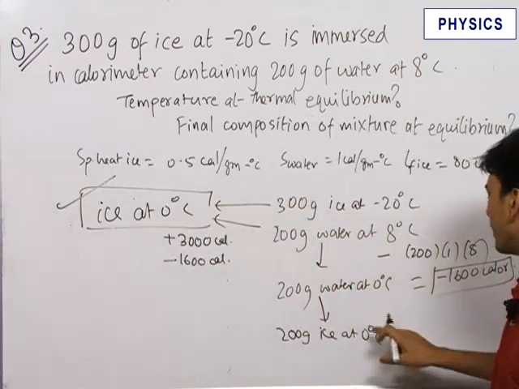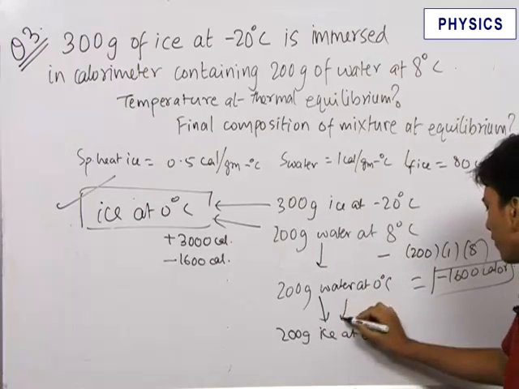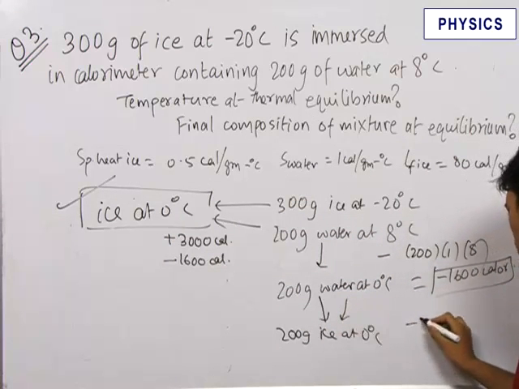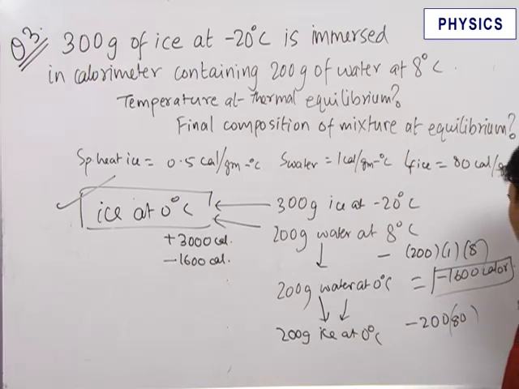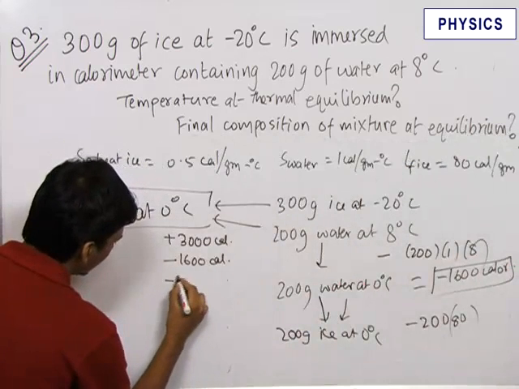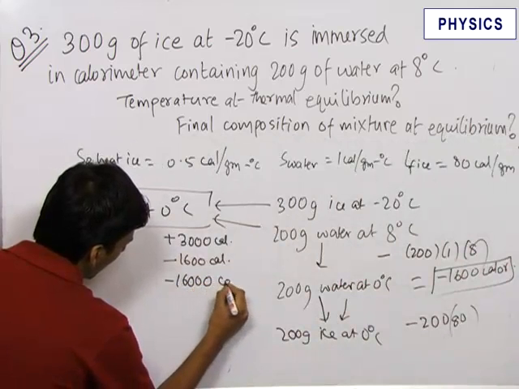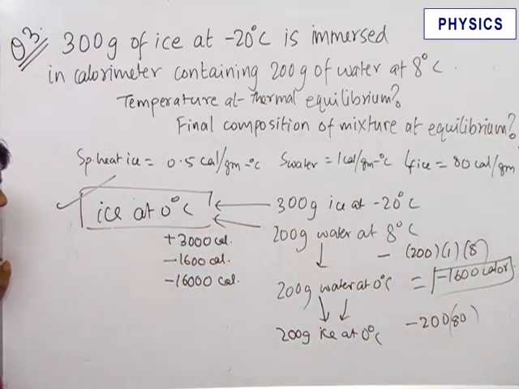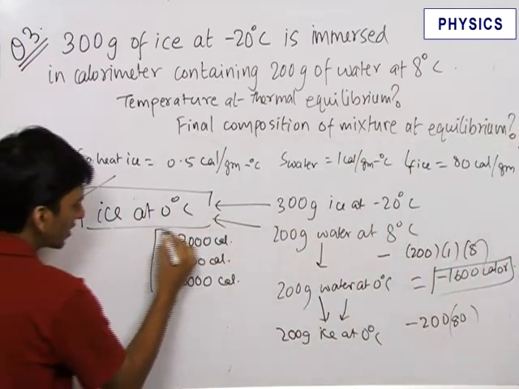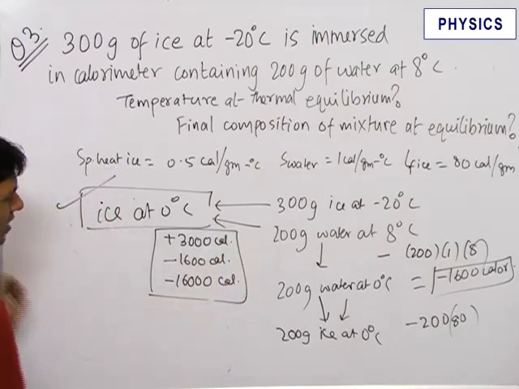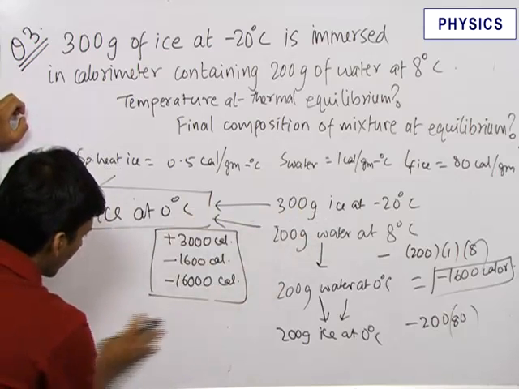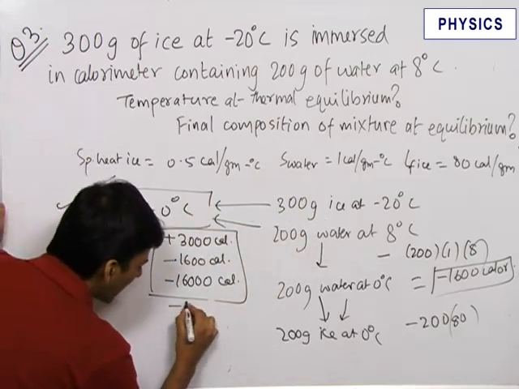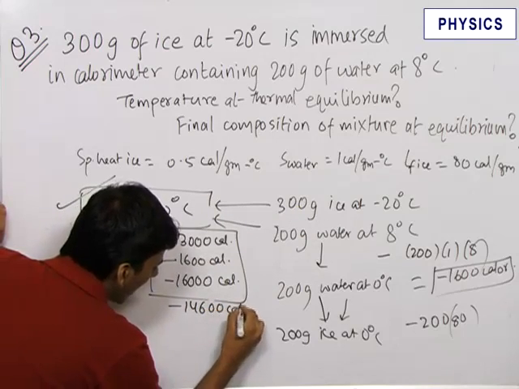Now the heat given to the system in this process will be equal to minus 200 into the latent heat of fusion of ice, that is 80, that is equal to minus 16,000 calories. So the total heat given to the system externally in bringing the whole system from this to this comes out to be minus 14,600 calories.